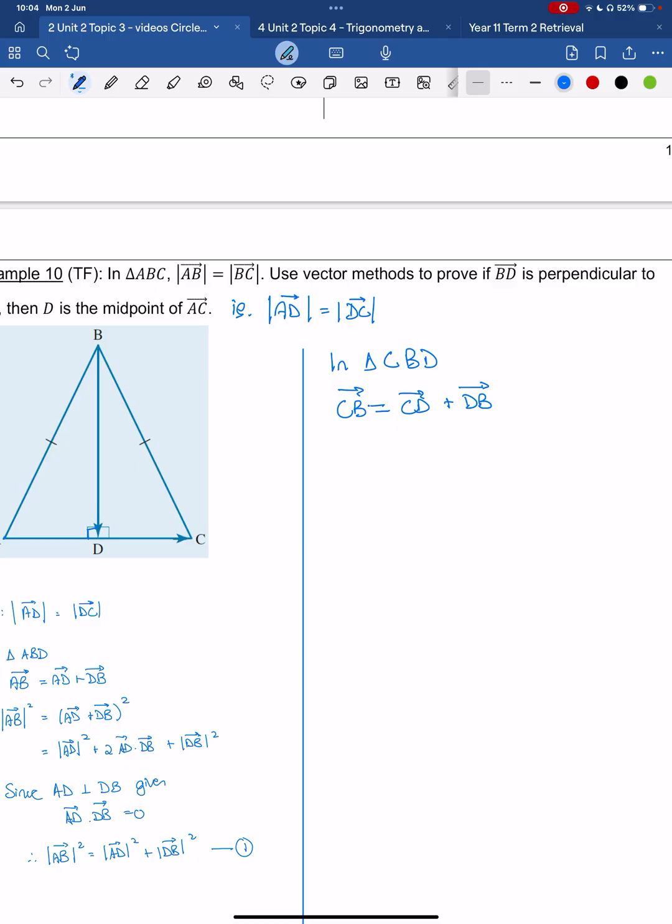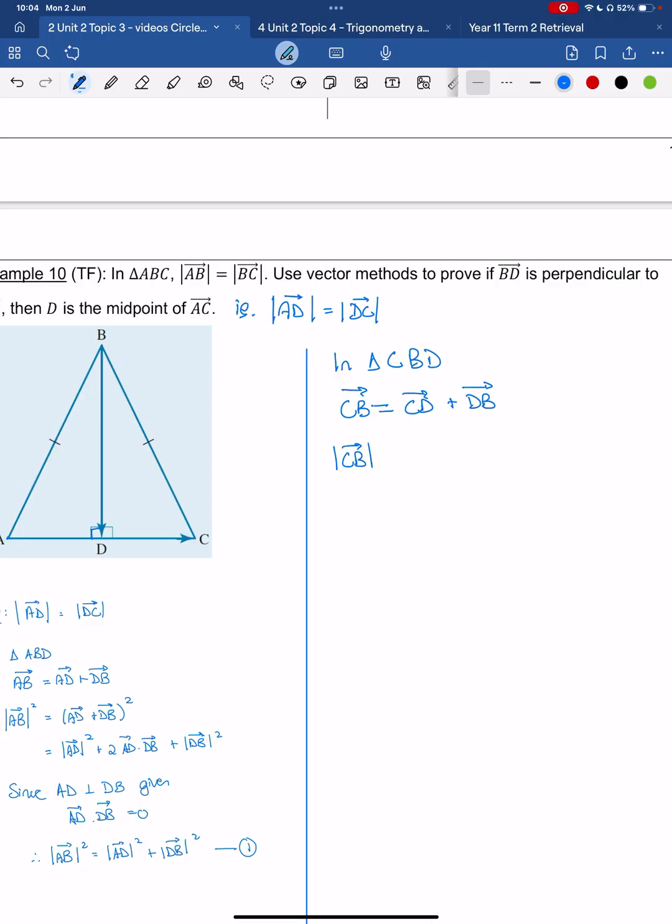All right, and I can find my magnitude of CB squared will be CD plus DB all squared, and I can expand that, so CD squared plus 2 CD dotted with DB plus DB squared, and again I can say that CD dotted with DB is 0 because I've got perpendicular lines, so CD is perpendicular to DB.